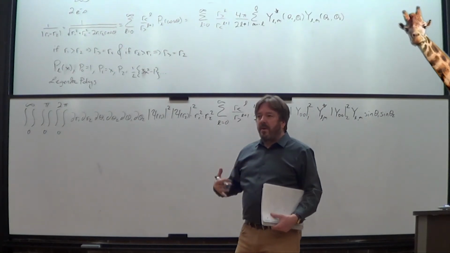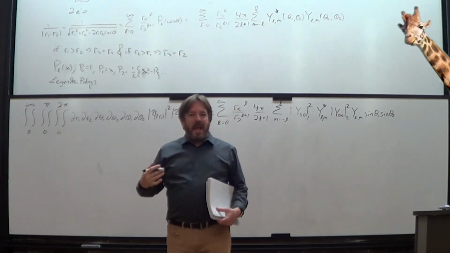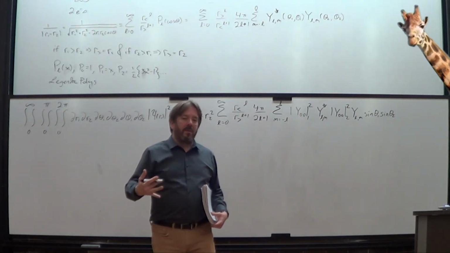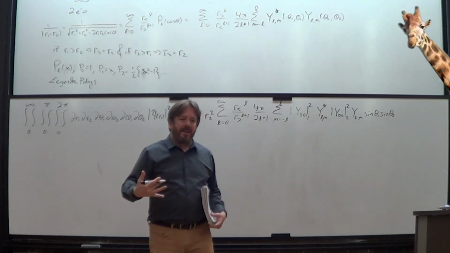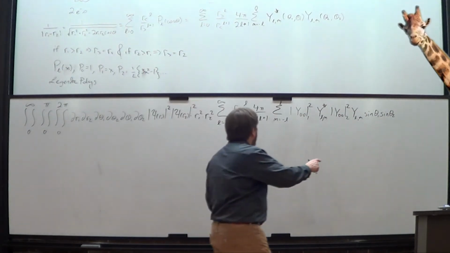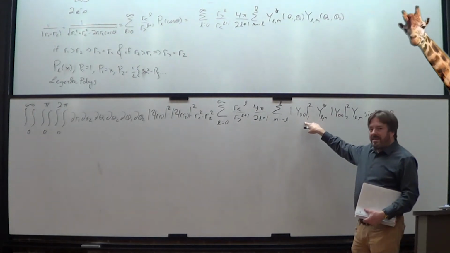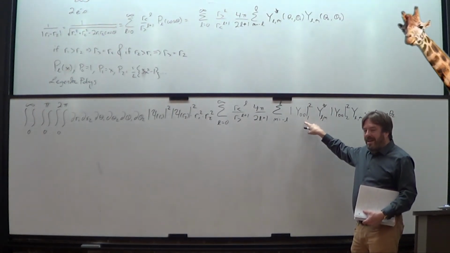We found out that spherical harmonics are the angular wave functions. Wave functions squared and integrated give 1 when the wave function is itself, the complex conjugate times itself. It's normalized, so it's 1. But if you get a harmonic wave function that's not the same, then you get 0. That's orthonormality.